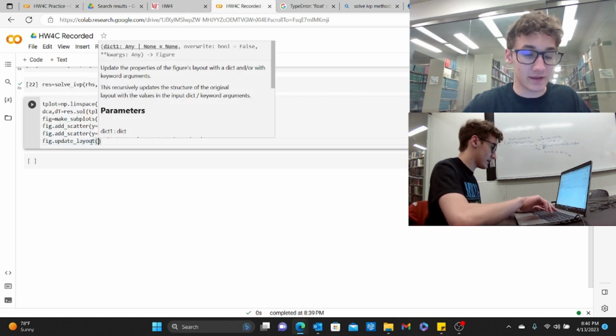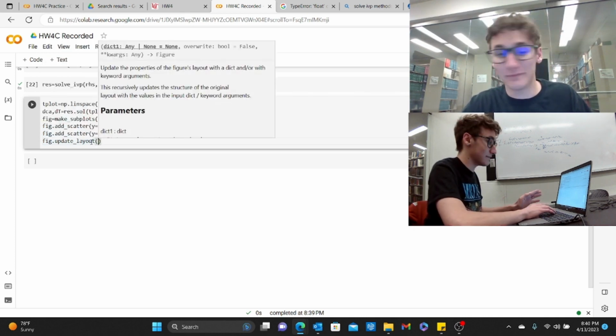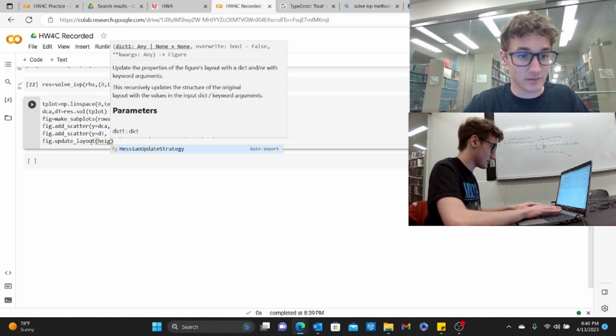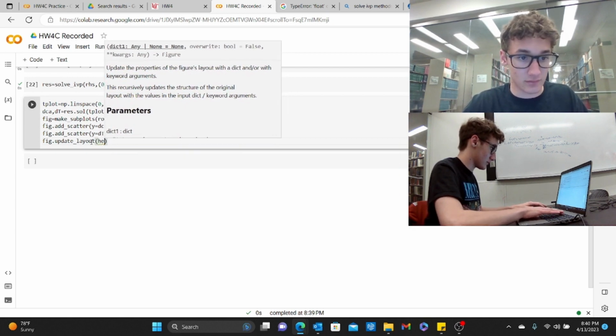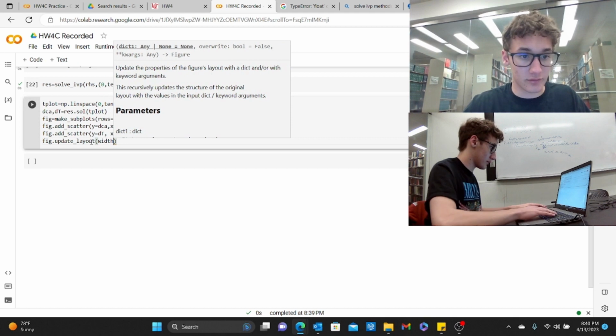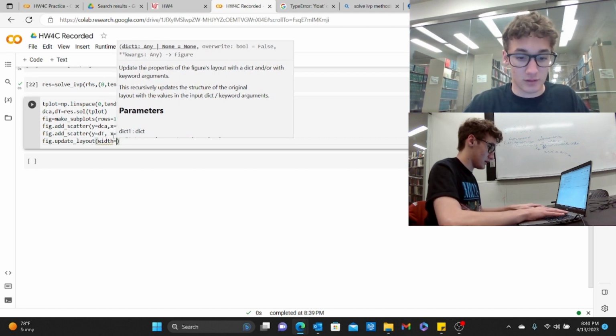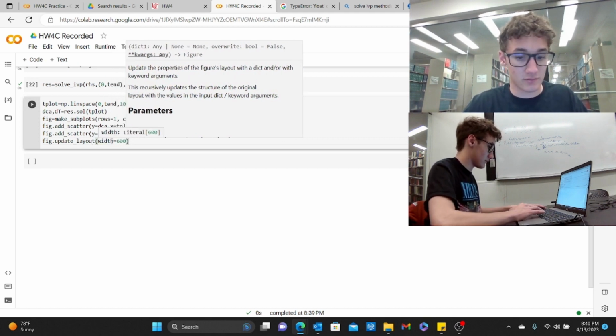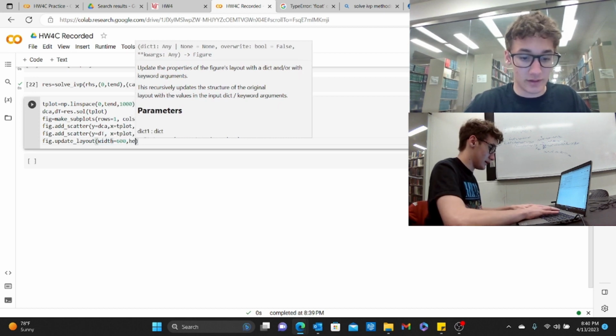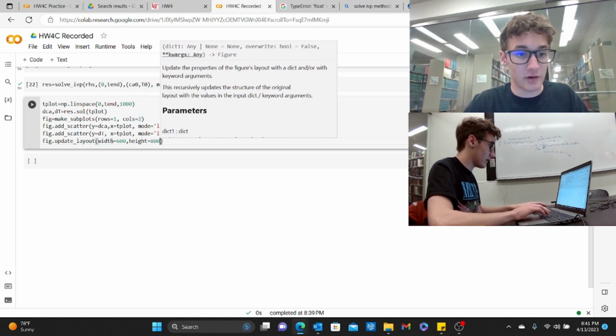Let's see. See if I can get this to work. Every time I try to do this, I somehow mix it up. So height, let's do width equals 600. Height equals 800.